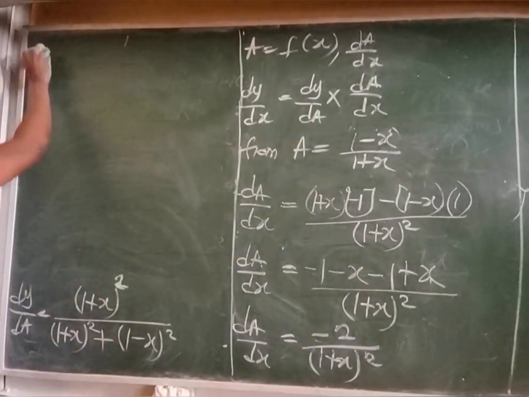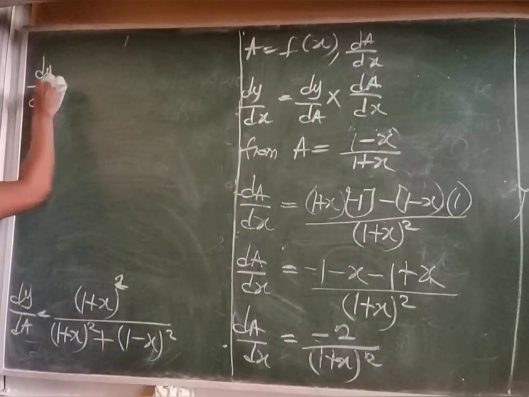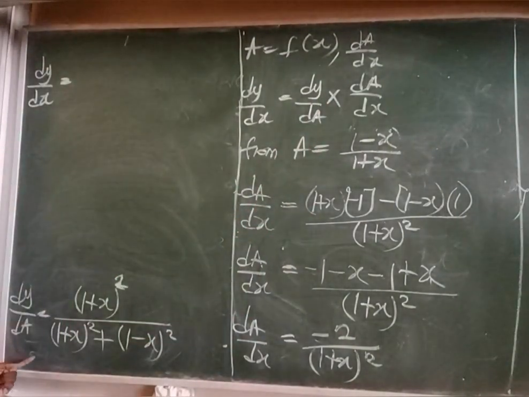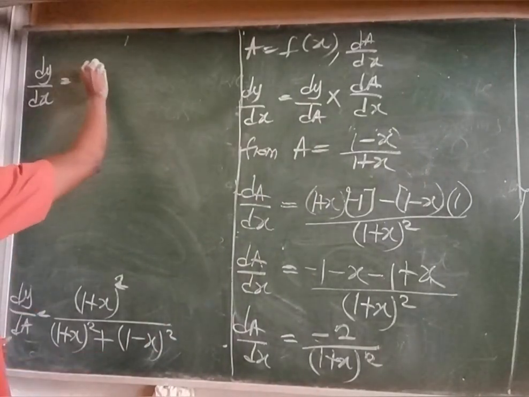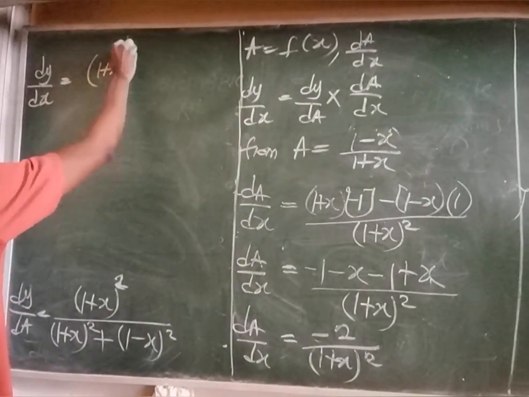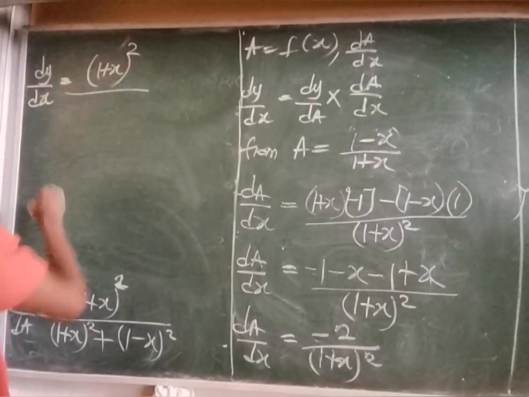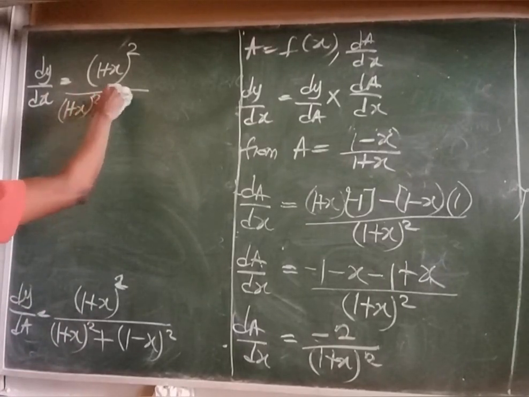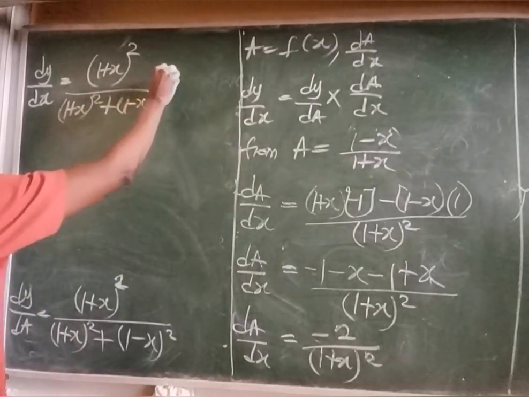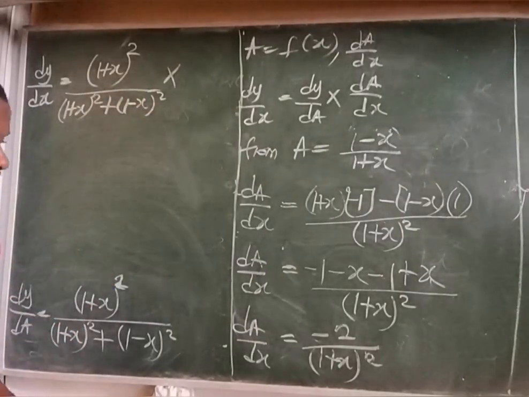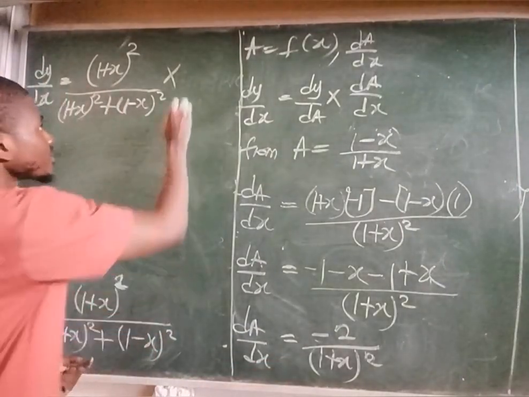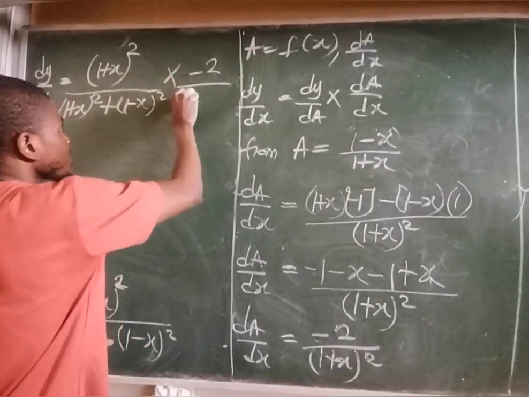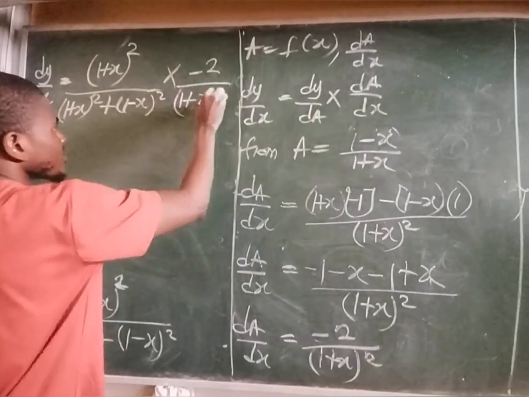All right, so from here now, dy/dx is now equal to, so we have dy/da, and dy/da simply gave us the whole of this, which is simply (1 plus x) all squared all over, okay, (1 plus x squared) all squared plus (1 minus x) all squared, multiplied by da/dx, and da/dx simply gave us this, minus 2 all over (1 plus x) all squared.